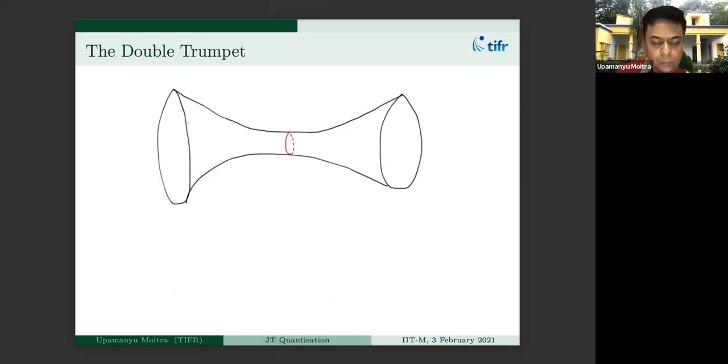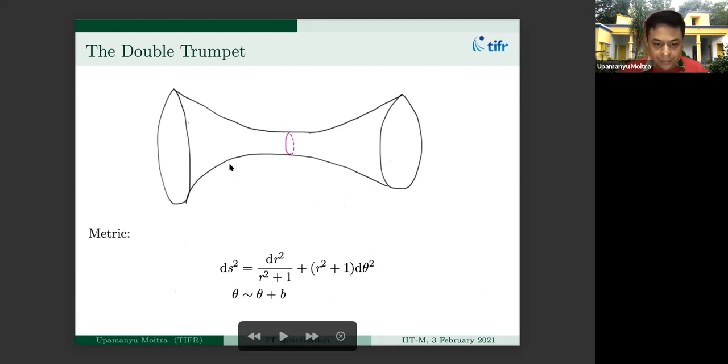So now we want to do the double trumpet, which has two asymptotic AdS boundaries, and there are two Schwarzian theories living on the two boundaries. The metric on the double trumpet we can take to be of this form, and theta is identified with theta plus b.